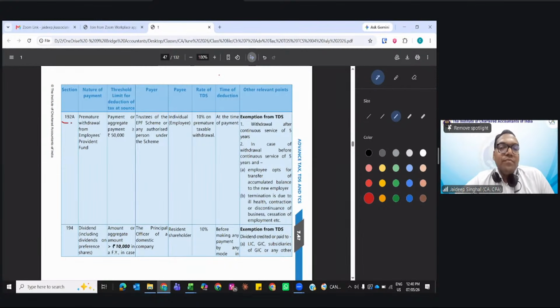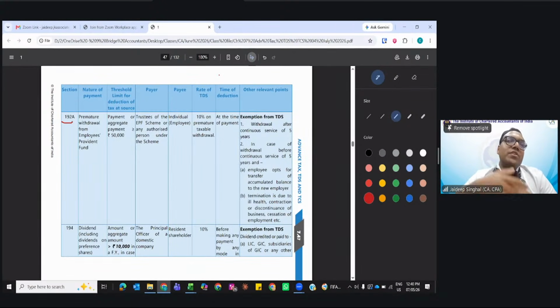192A. If you withdraw money from the provident fund, is that taxable or non-taxable? Everyone, do you know about it? If you withdraw before 5 years of continuous service, it is taxable.